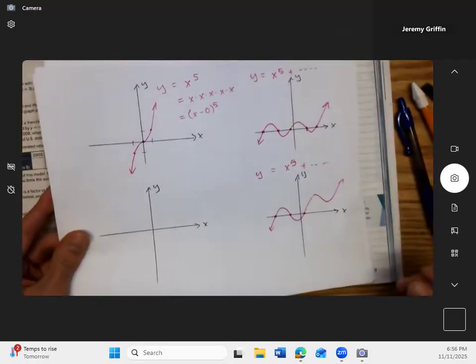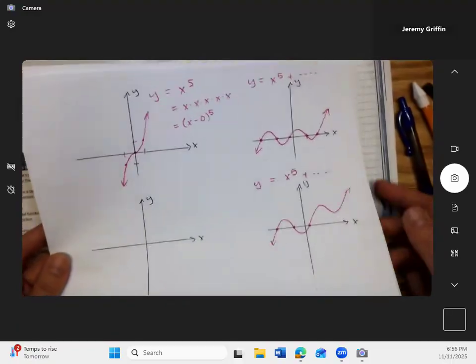Repeated roots can also be called roots of multiplicity. Multiplicity is the number of times a root is repeated in a polynomial. For example, f of x is x cubed, which is x times x times x, so the root 0 has multiplicity 3. You did it with 5, but it's the same idea. These are interesting ideas.